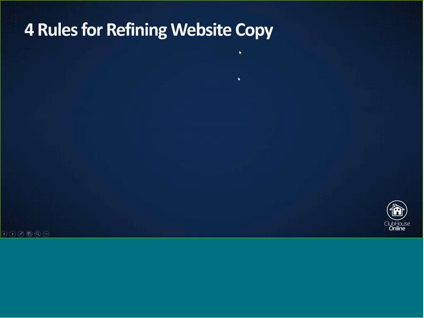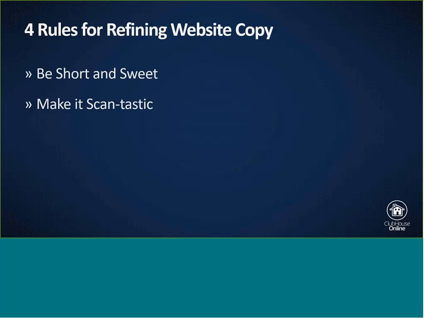All right, so I'm just going to quickly list them and then we'll go into them in more depth. First one is be short and sweet. Too often, I've gone to sites and seen a lot of text-heavy content that appears like you're reading a book, or you're forcing someone to read a book. Next, make it scantastic. That's my word.